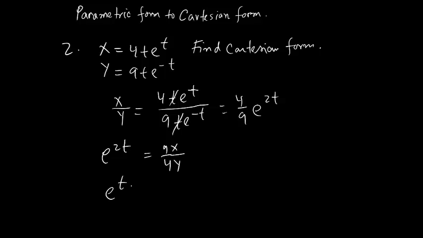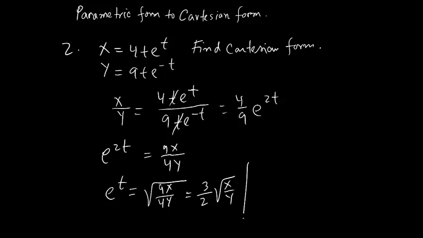And then what is e to the t? E to the t will be the square root of 9x over 4y. I'm taking positive because it's an exponential function. So this one is 3 over 2 square root of x over y. This is your e to the t.